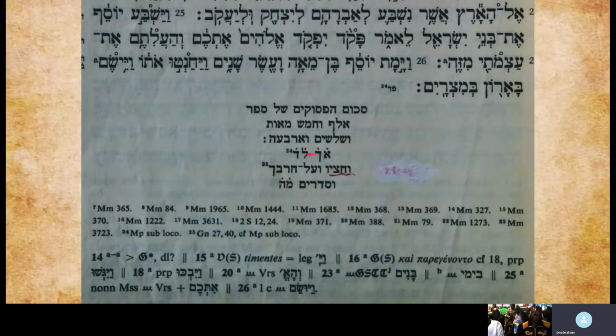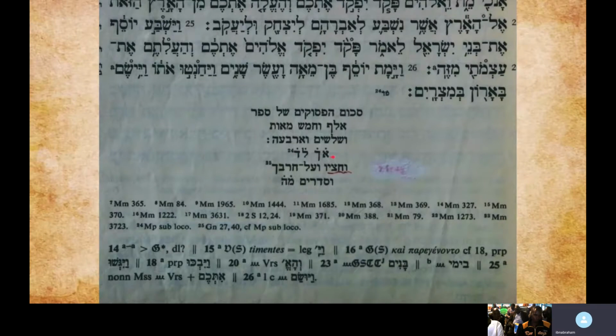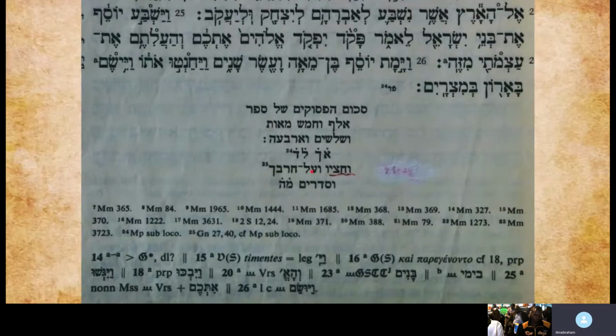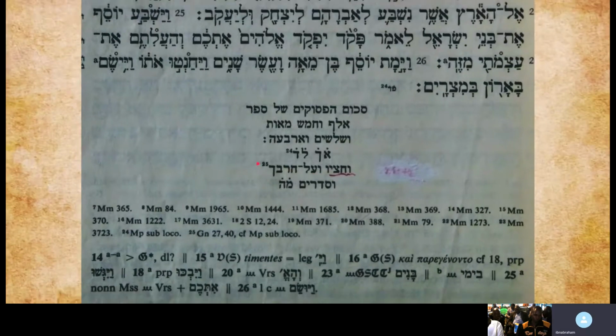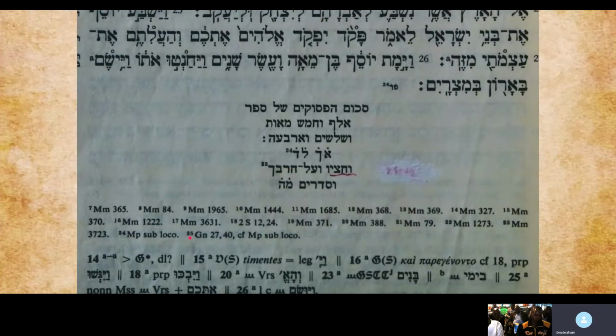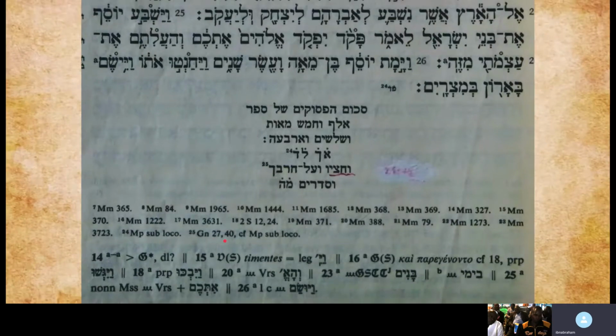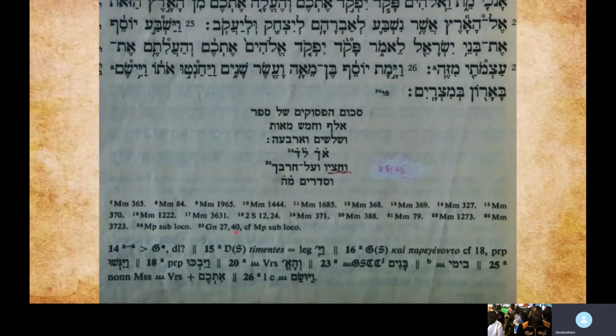And then they give it printed out in Hebrew numbers. The Chetzi, the middle of the book, and then it gives a quotation here. It says, V'al charbecha. And then you see there's a little note here, number 25, which refers you to the Masoretic note here. It says, hey, by the way, guys, this middle of the book is in Genesis chapter 27, verse 40. Take a look under there.